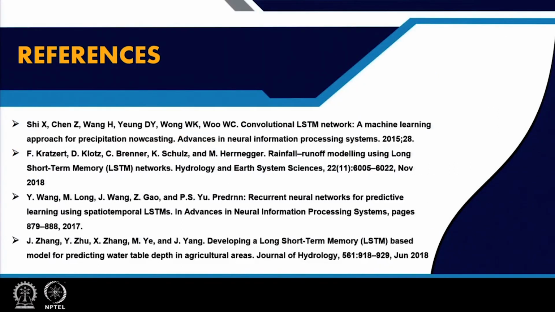These are a set of references which show the applications of these LSTM networks in various domains of earth system science. The first one is about the nowcasting of precipitation. Nowcasting means forecasting at short range, as we talked about here.